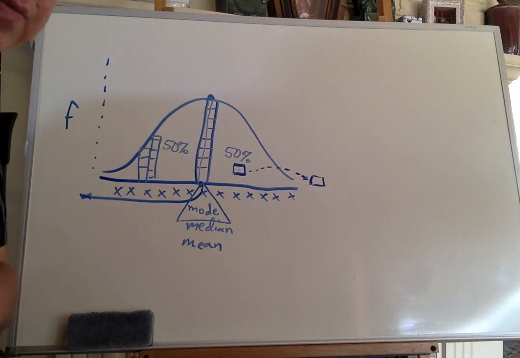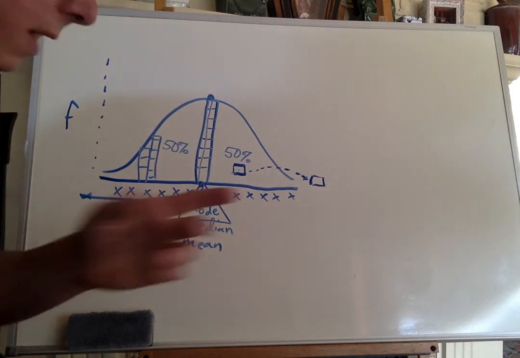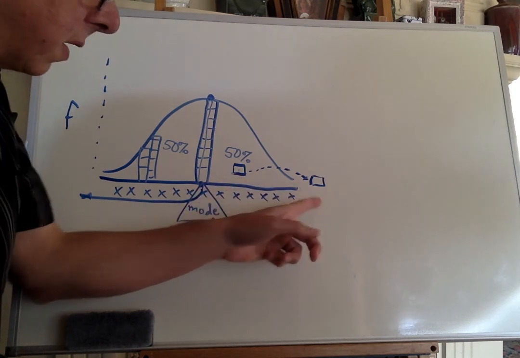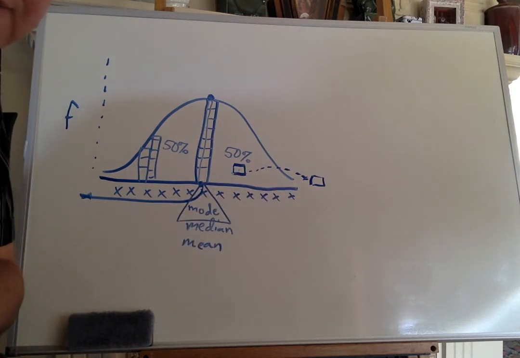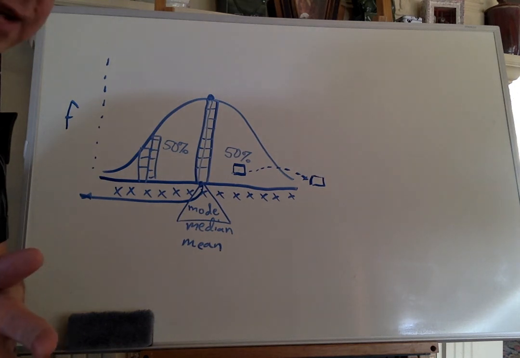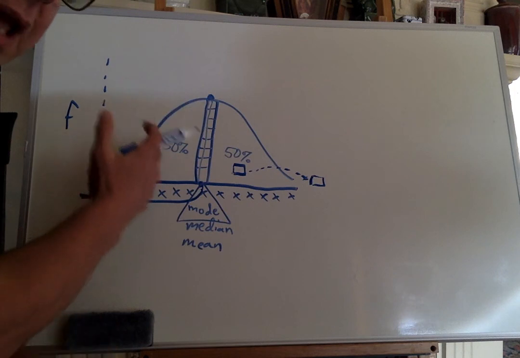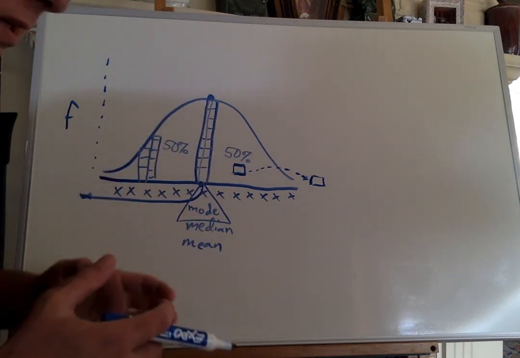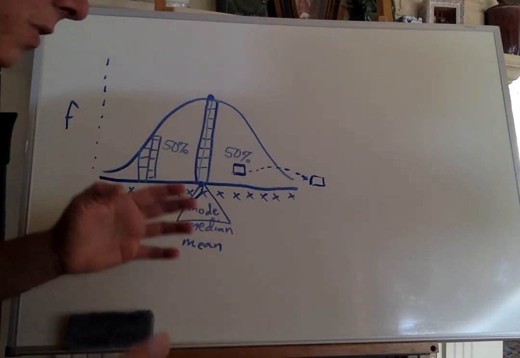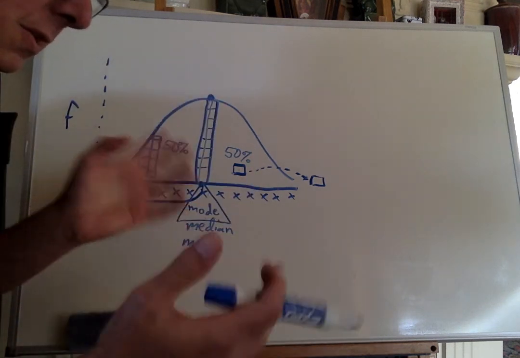Okay, next question. How would moving this block from here to here affect the median? And the answer is, it wouldn't affect the median at all, because let's suppose there's 100 blocks here, even though it could be 627 blocks or 1,522 blocks, it just doesn't matter.